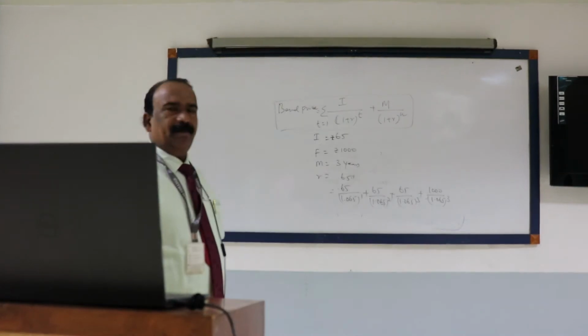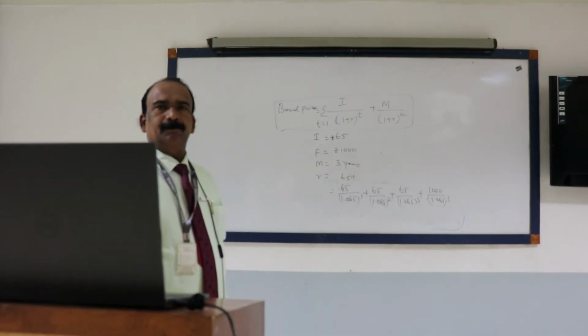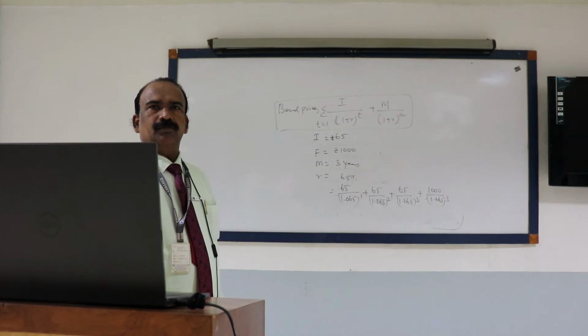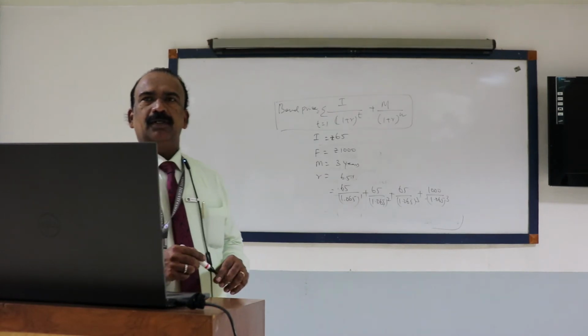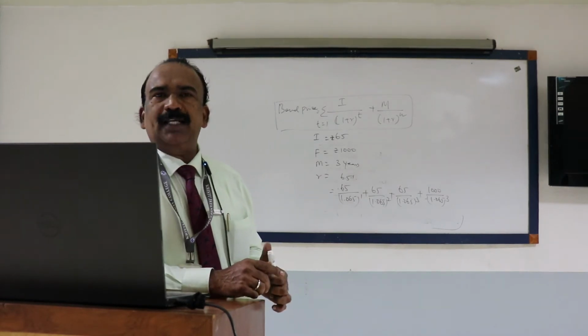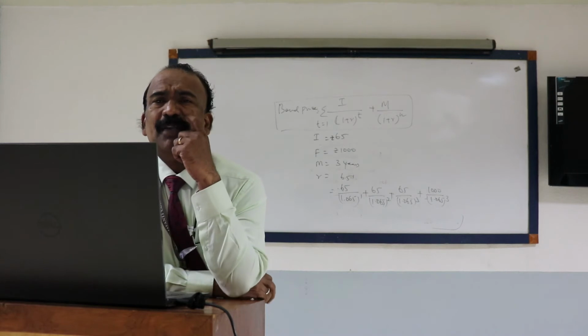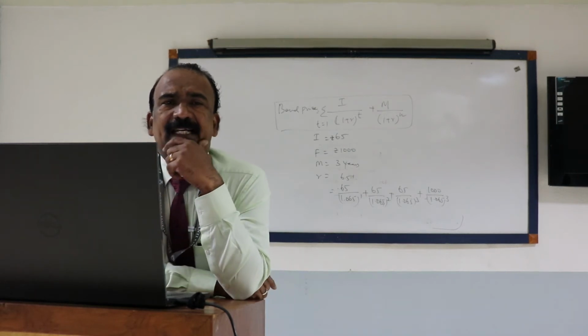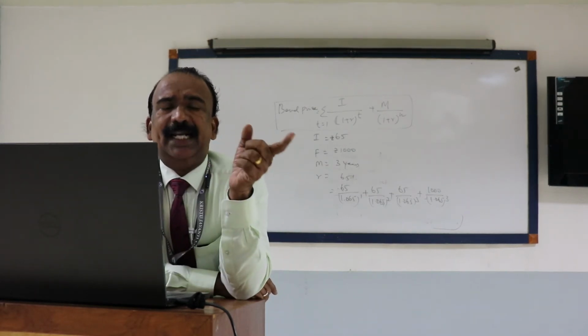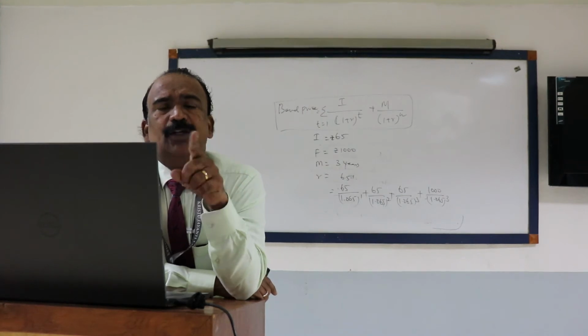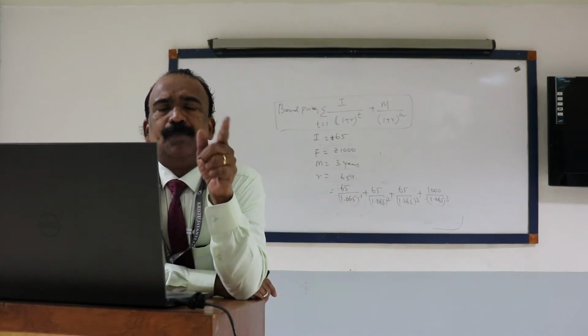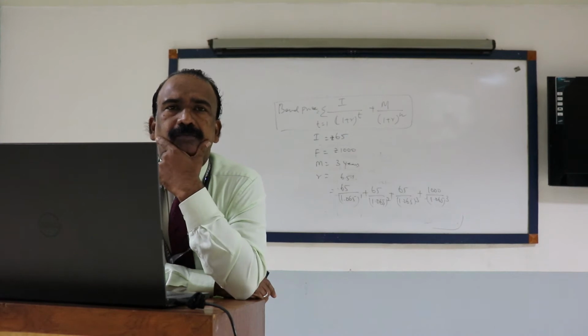Yeah, okay, sir. Now it's clear. 6.5 divided by 100 is 0.065, plus 1 is 1.065. Earlier, in the previous case, 3.9 divided by 100 is 0.039, so 1.039. Okay, yeah.